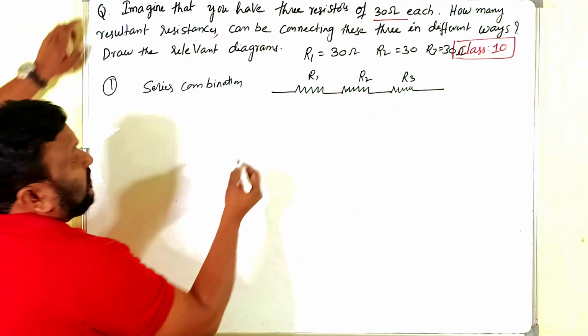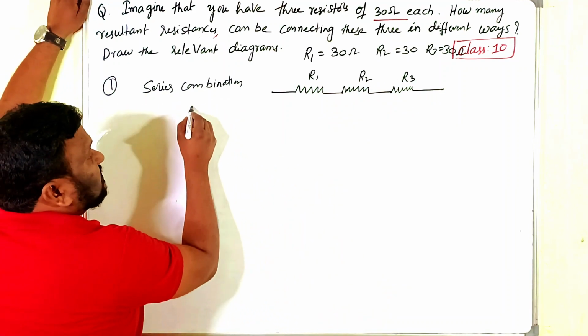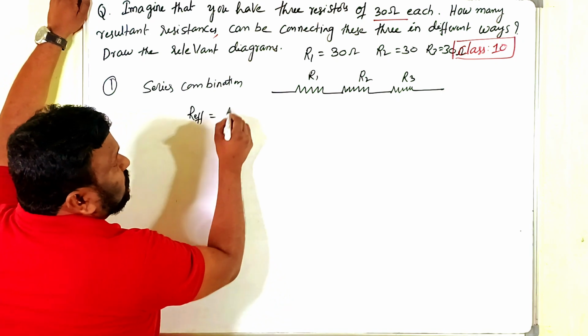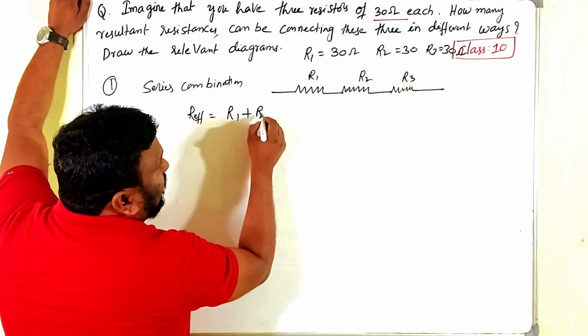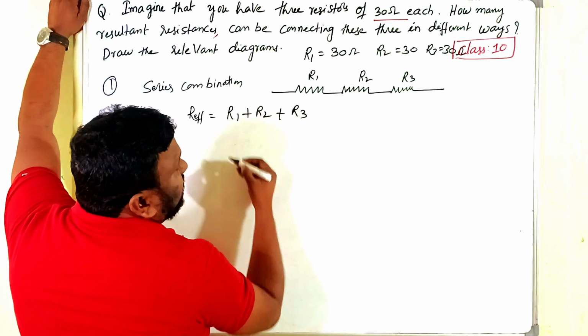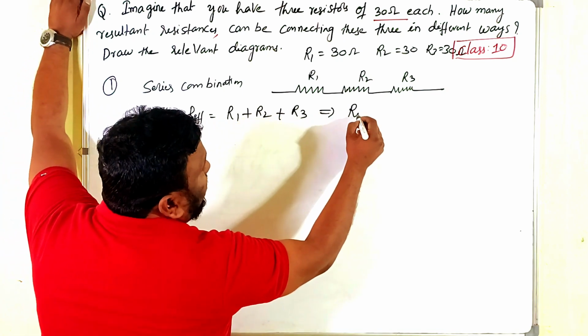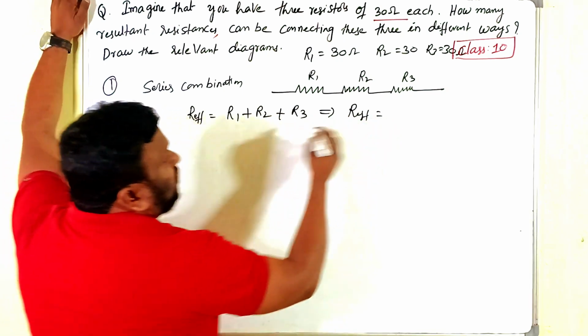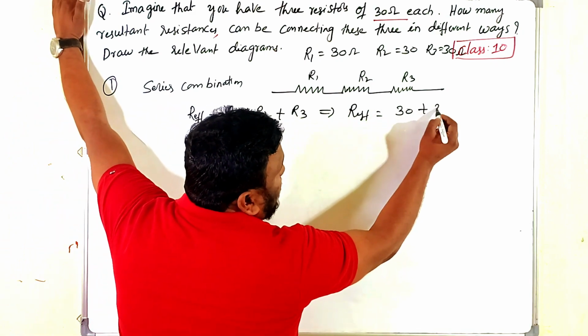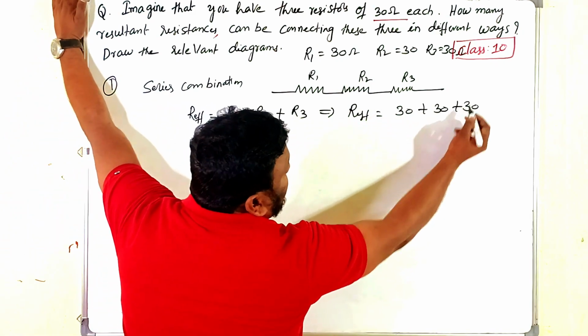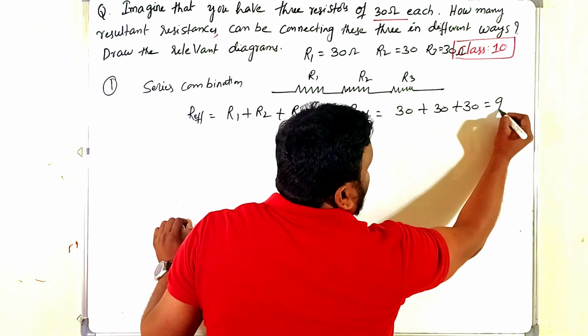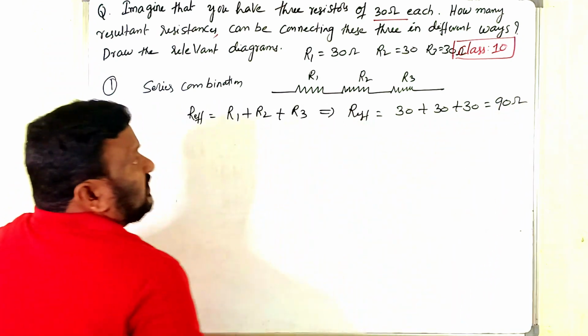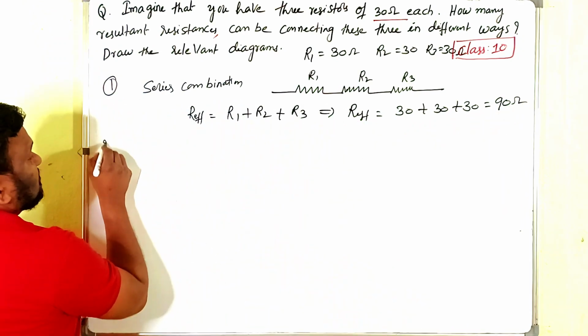So now what is the effective resistance? In series combination, what is the formula? R effective is equal to R1 plus R2 plus R3. It means R1 value is 30, R2 also 30, R3 also 30. Then what do you get? 90 ohms. This is the first way of connecting the three resistors.